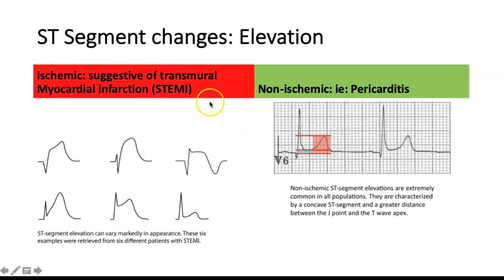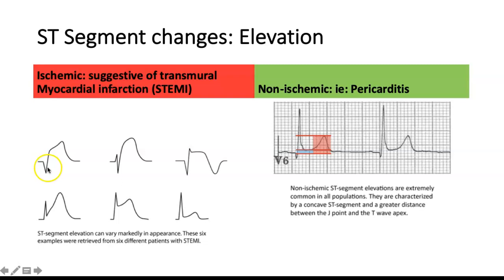In ST segment elevation, there can also be both ischemic and non-ischemic patterns. Patterns suggestive of ischemia, such as STEMI patterns or ST segment elevation myocardial infarctions, have a characteristic appearance. Below, here are 6 common patterns seen with patients with STEMI.